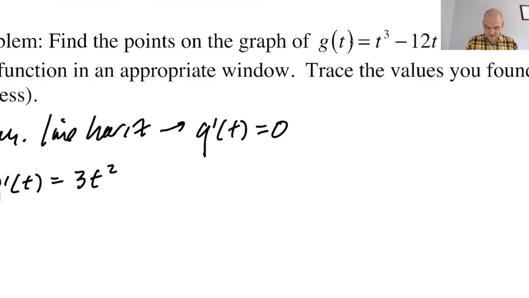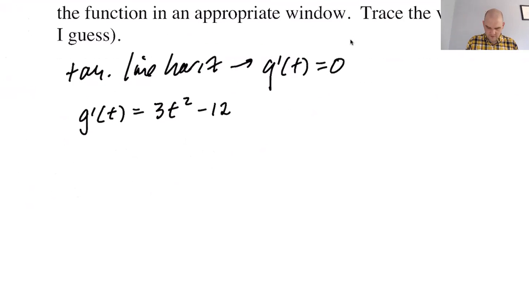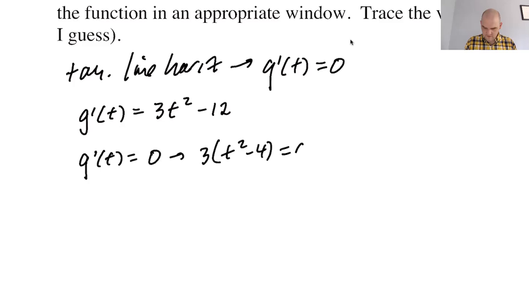Or using the power rule with the constant multiple rule, the derivative of t is 1 times t to the 0, which is just 1, times negative 12. And the derivative of 4 is 0 because it's a constant. The derivative of a constant is 0 because it's a horizontal line. So this is our derivative. Then g prime equals 0 would mean that 3 times t squared minus 12 equals 0.